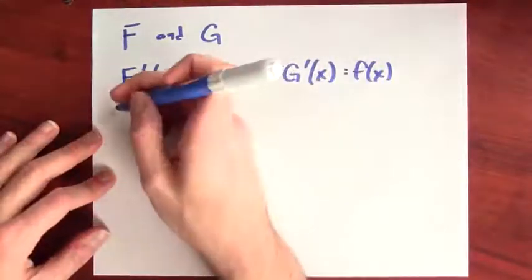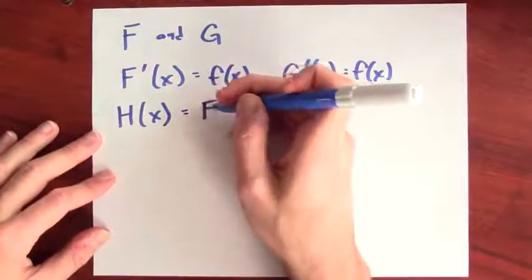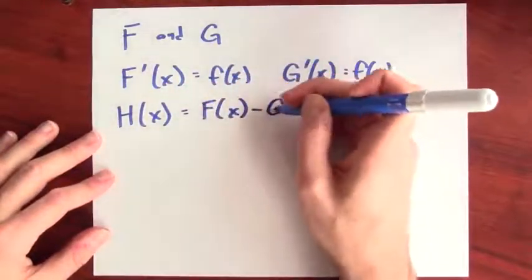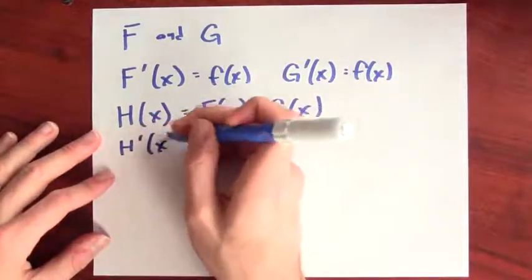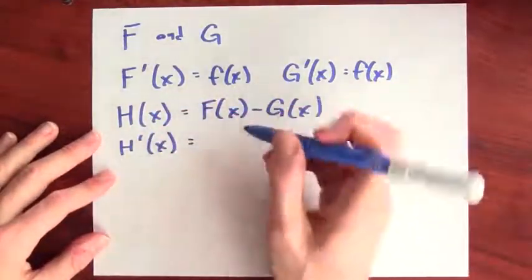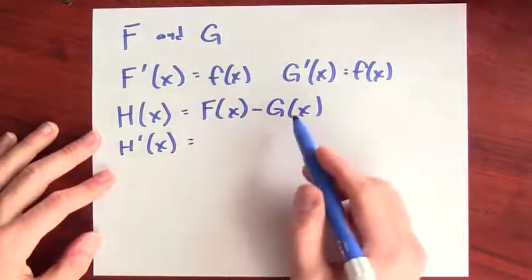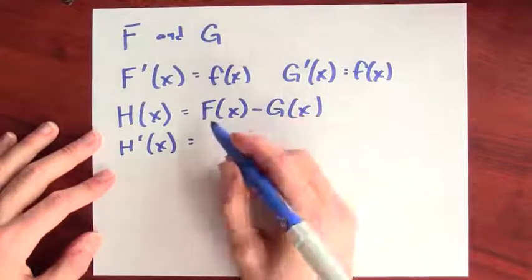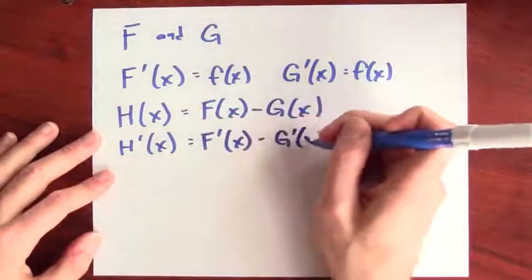Well, I can define a new function, call it big H, and big H will just be big F minus big G. Now what do I know about the derivative of big H? Well, the derivative of big H is the derivative of F minus the derivative of G, because the derivative of a difference is the difference of derivatives. So this is the derivative of F minus the derivative of G.